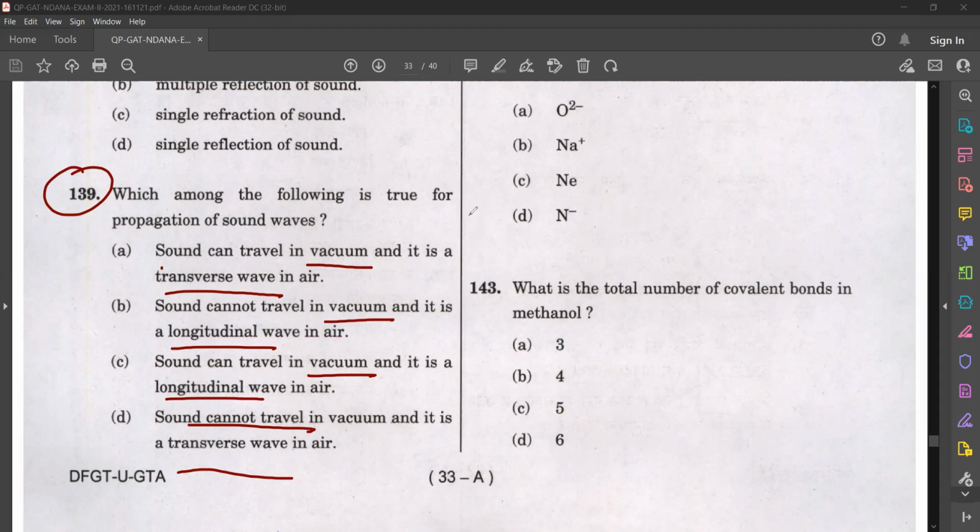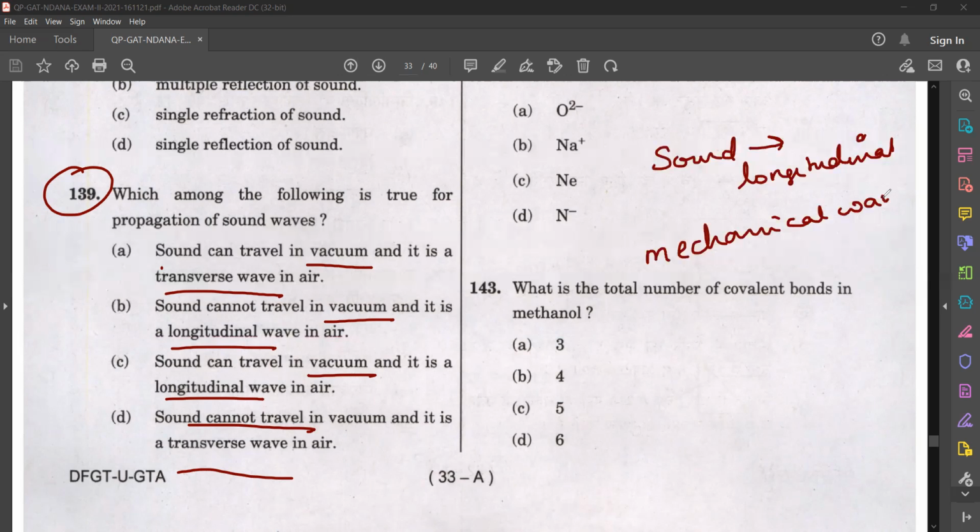So what is a sound wave? Sound wave is a longitudinal wave. We already studied, isn't it? Light is a transverse wave. Sound is a longitudinal wave. And we call sound wave a mechanical wave also.